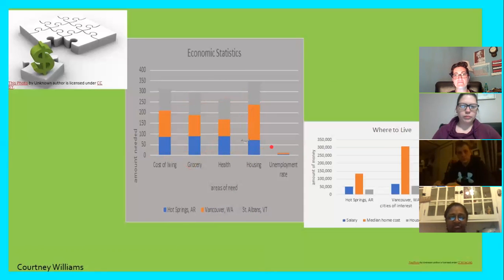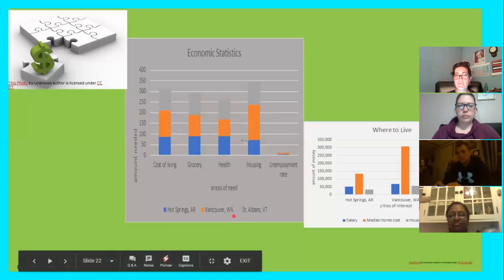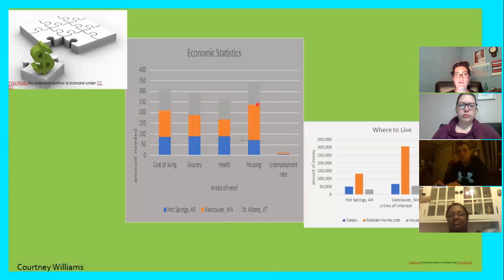It's just kind of interesting. Hot Springs is fairly low compared to other places, but it's so populous. Is that the right way to say it? And St. Albans, Vermont, is not populous, and it costs like 3 times as much as it costs to live here in Hot Springs.